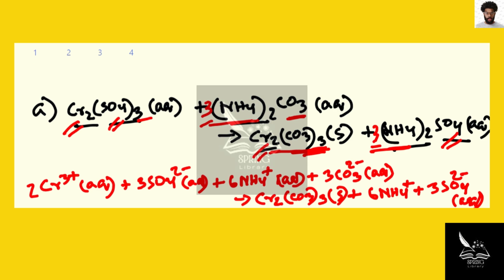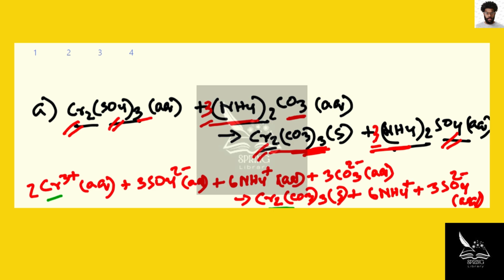Now we cut the common or spectator ions on both sides, which we have to identify also. So let's identify our spectator ions, the ions that are common on both sides of the equation. We can see that we have 2 chromium ions on this side, but here we don't have any chromium ion.